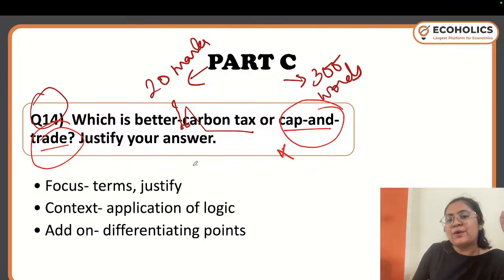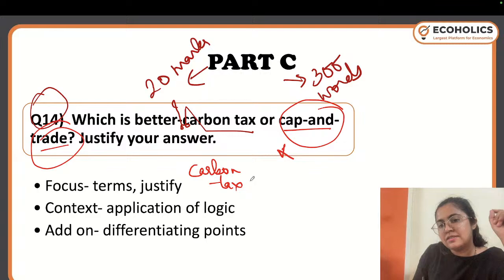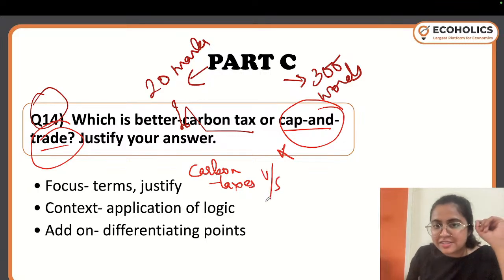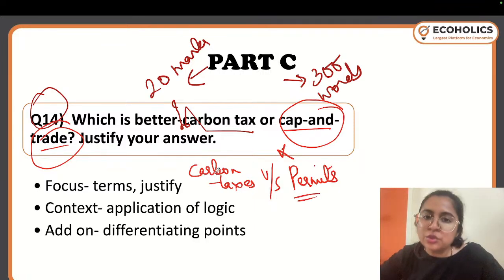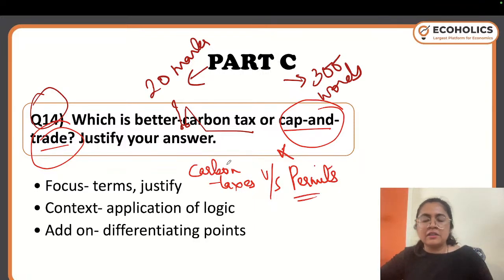So basically what they are asking about is the taxes, carbon taxes, versus what? Versus carbon permits.